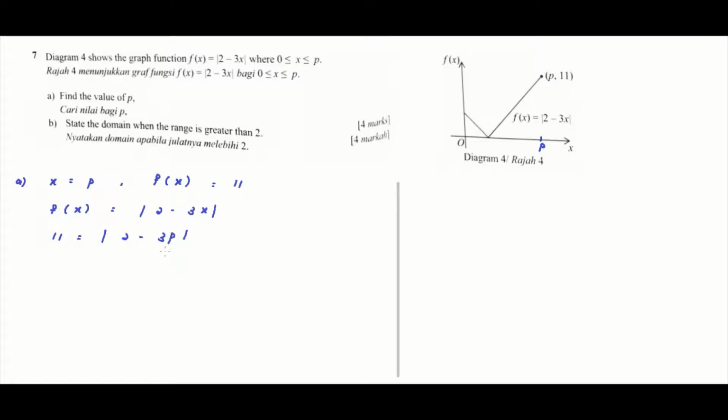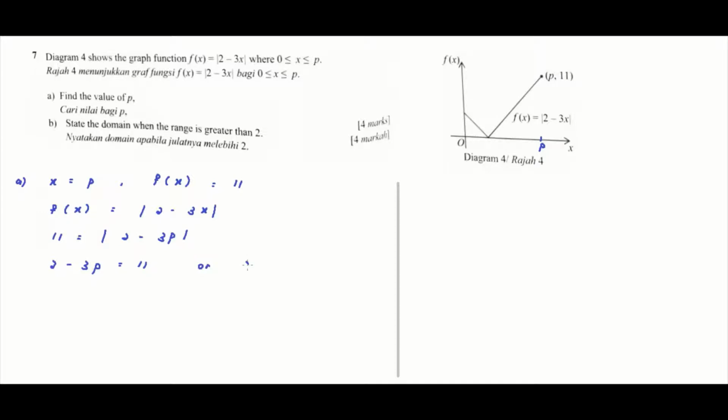When you solve a modulus, remember that it changes a negative value to a positive value, so you have to consider two cases. The first is 2 - 3p = 11, where you have 11 and after the modulus you still get 11.